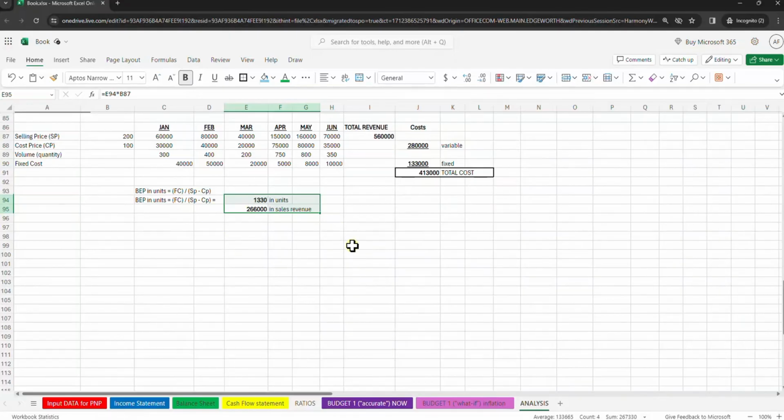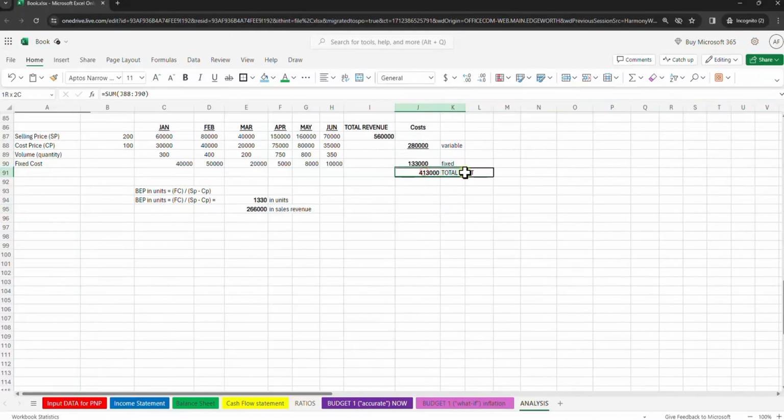Where is that point of intersection? In other words, where do the two lines cross? So we need a total revenue function, because the revenue function is going to be your selling price times quantity, and then you've got your total cost. At some point, it's going to break even.